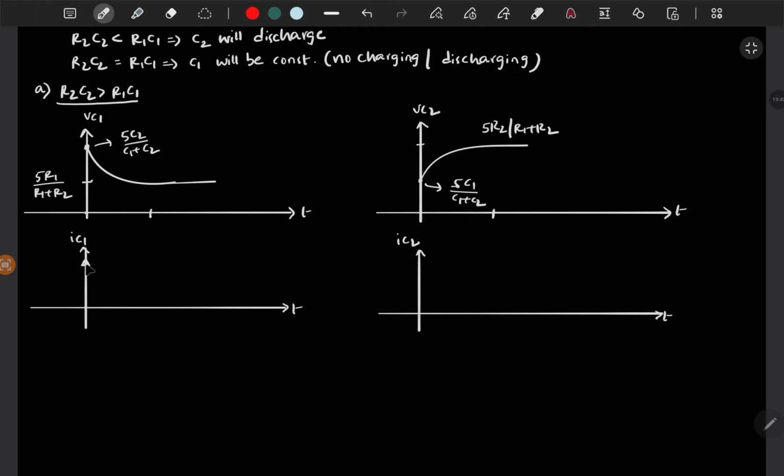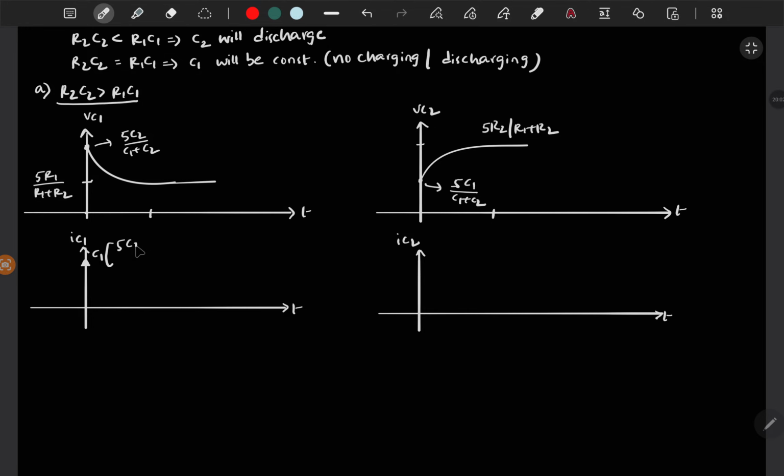So there should be an impulse current in positive polarity through C1, then only you will get a sudden change from 0 to some voltage. And here also, the same. So this amplitude should be C1 times the change in voltage. Change in voltage is 0 to 5C2 by C1 plus C2, which is positive.